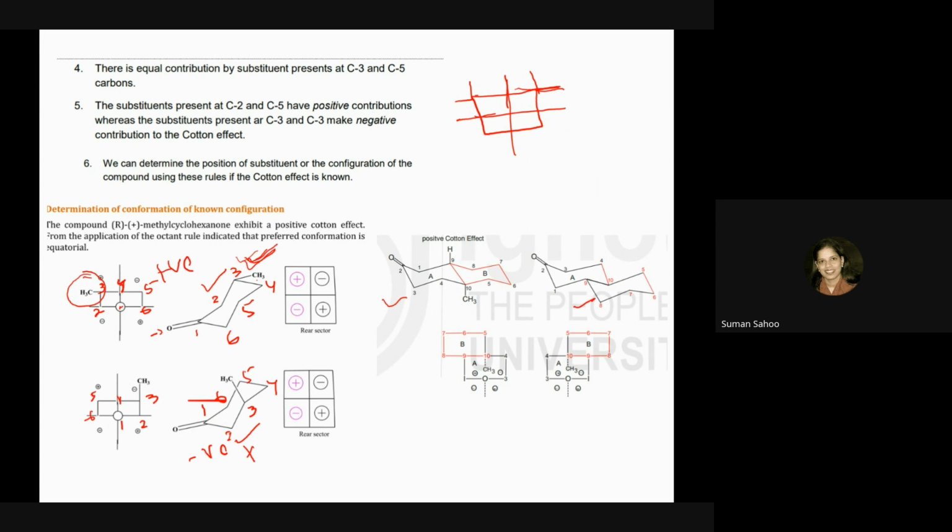So if you deduce the structure in this case, we just put this as your carbon number 2 here, and 3 is on the right. 3 is attached to 4, 4 is attached to 10, 10 is attached to 9, 9 is again attached to 1, and here it is 8, and so on. It is like this. So in that case your ring B is in your positive quadrant, so that gives you positive Cotton effect.